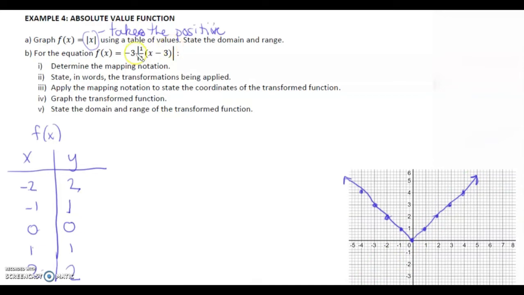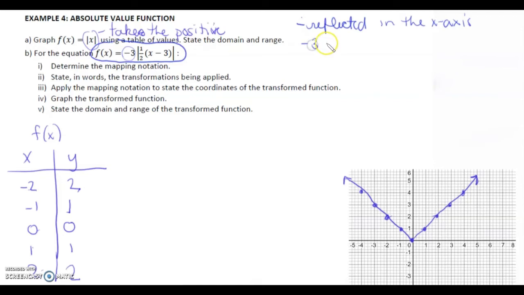Okay, now let's take a look at this function here and let's list the transformations and determine the mapping notation. So this -3 is actually two different transformations. The first one is reflected in the x-axis.